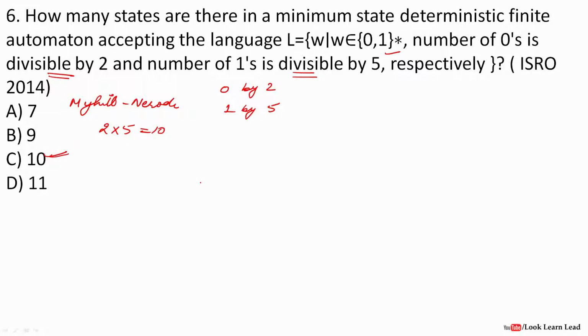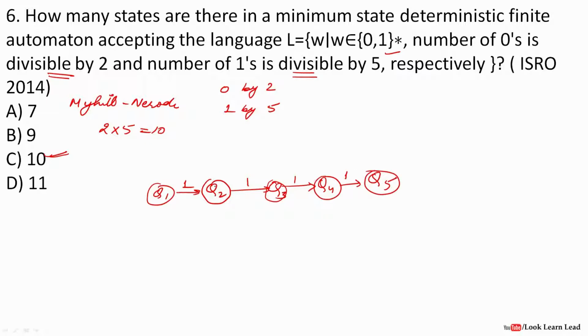So let's draw a DFA for this also. First, the number of 1s divisible by 5, so I would be requiring 5 states, 4 states actually. Q1, Q2 it takes 1, Q3 it takes 1, it reaches Q4, then we have Q5.